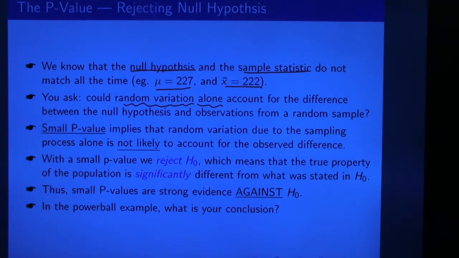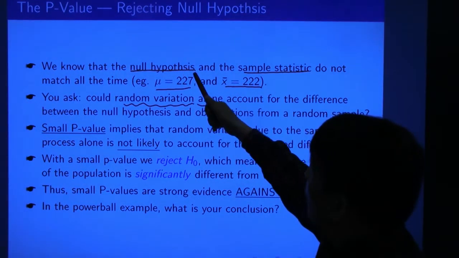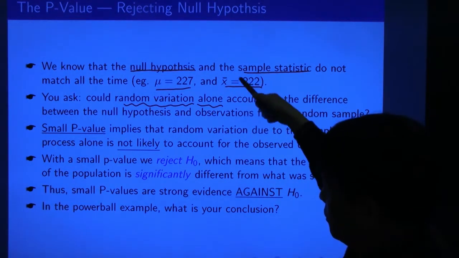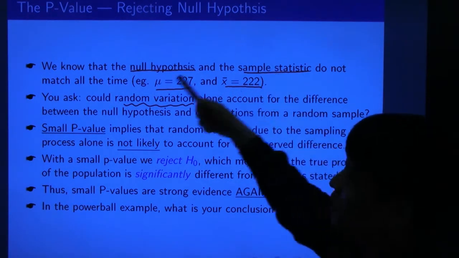What does that mean? All right, we go back to the tomato example. If the population mean is 227, the chance you get a random sample like yours is that p-value.